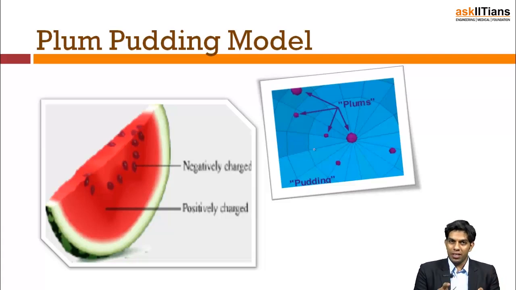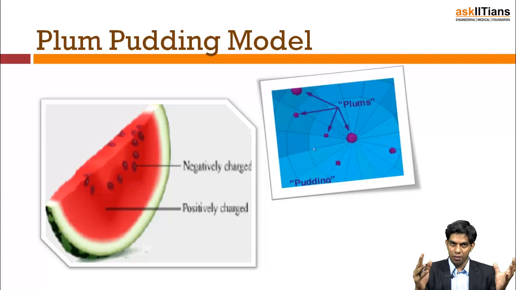What J.J. Thomson said is that in a typical pudding you have some plums, right? There are some spaces. Now consider the total pudding to be positively charged and the plums to be negatively charged, and that's how an atom is. So your atom is basically a big ball where the mass and charge are uniformly distributed.